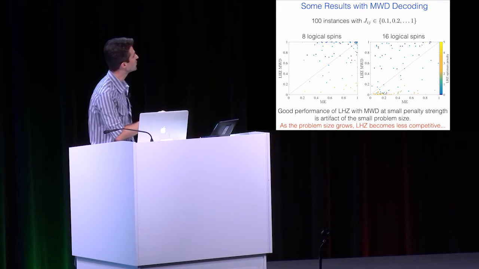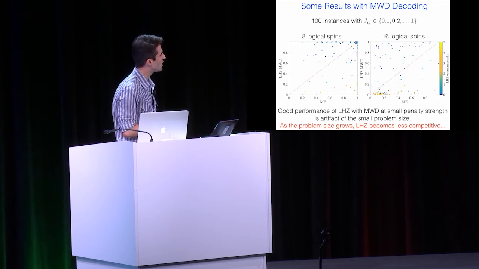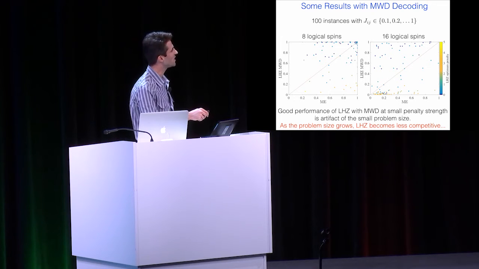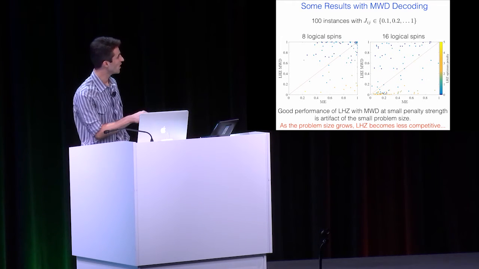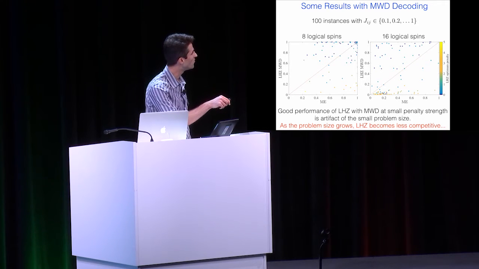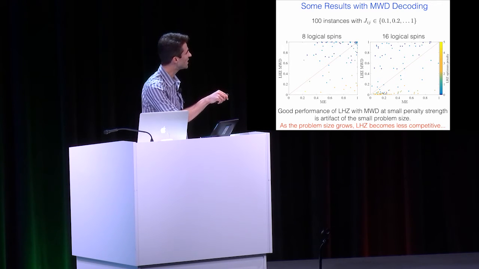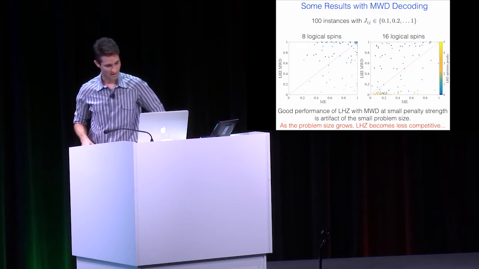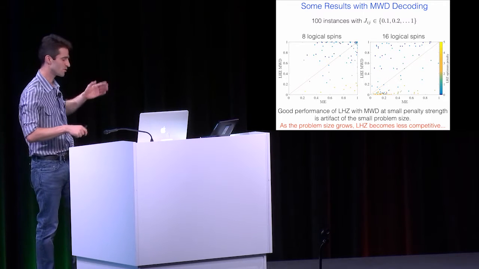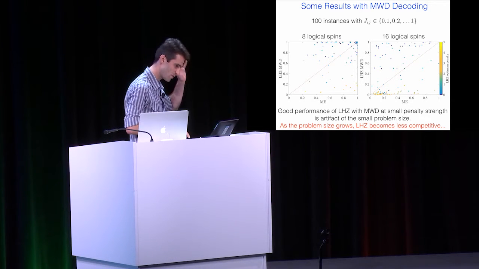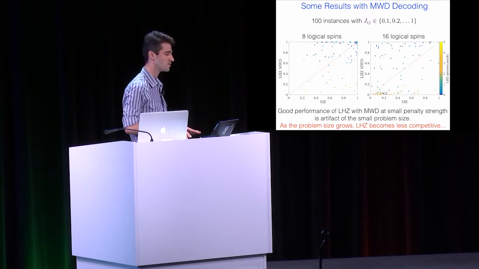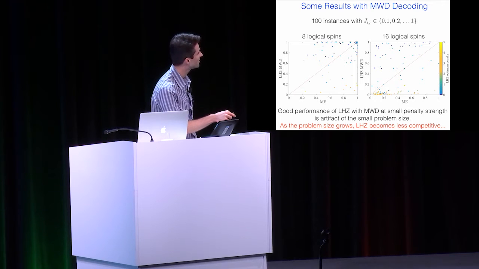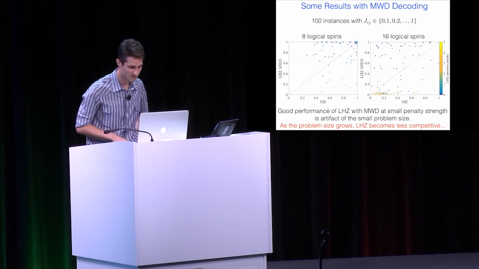It turns out that this minimum weight decoding, when the penalty strength is 0, essentially helps LHZ find the ground state very, very quickly, because the errors are so dominant in the LHZ scheme, and the MWD decoding essentially does its own optimization, and the ground state of the optimization it is doing is the same as the ground state of the logical problem, and that's why it works. So this is an artifact that very quickly disappears as the system size grows.